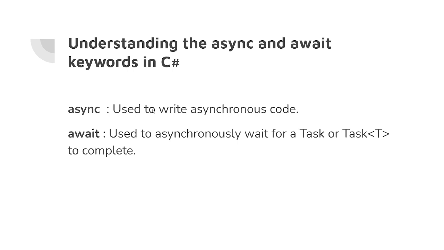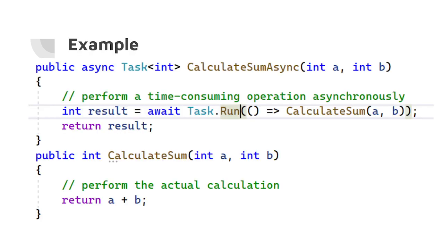Let's see an example. In this example, the CalculateSumAsync method is marked as async, which returns a Task of int.